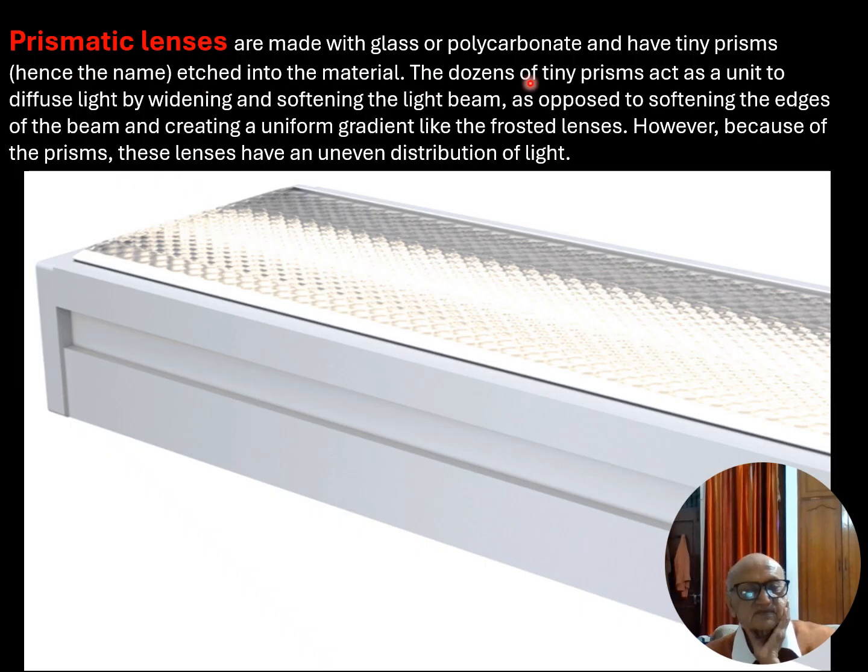The dozens of tiny prisms act as a unit to diffuse light by widening and softening the light beam, as opposed to softening the edges of the beam and creating a uniform gradient like frosted lenses. However, because of the prisms, these lenses have an uneven distribution of light.